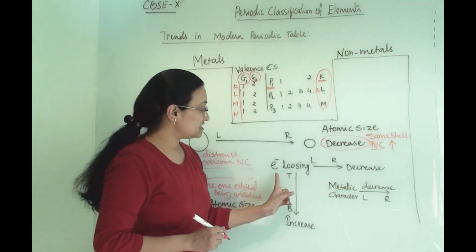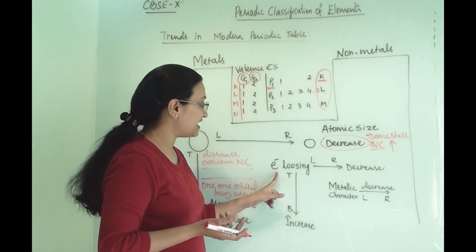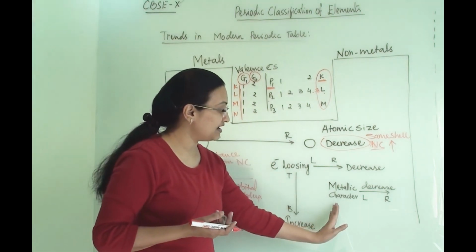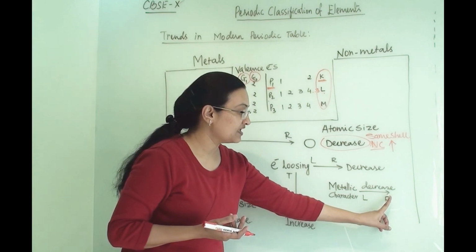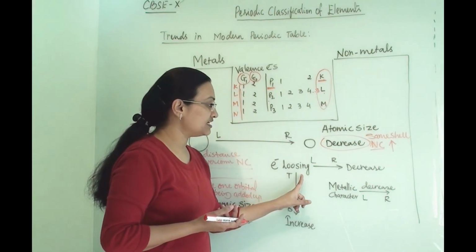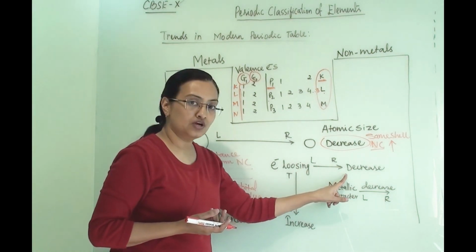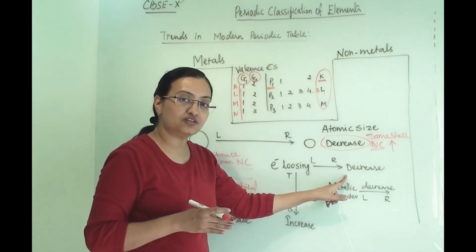Now moving towards the second thing, that is electron losing tendency. We know that metallic character from left to right will decrease, and here all the non-metals are there. So electron losing tendency will decrease as we are going from left to right. And what is the reason for that?